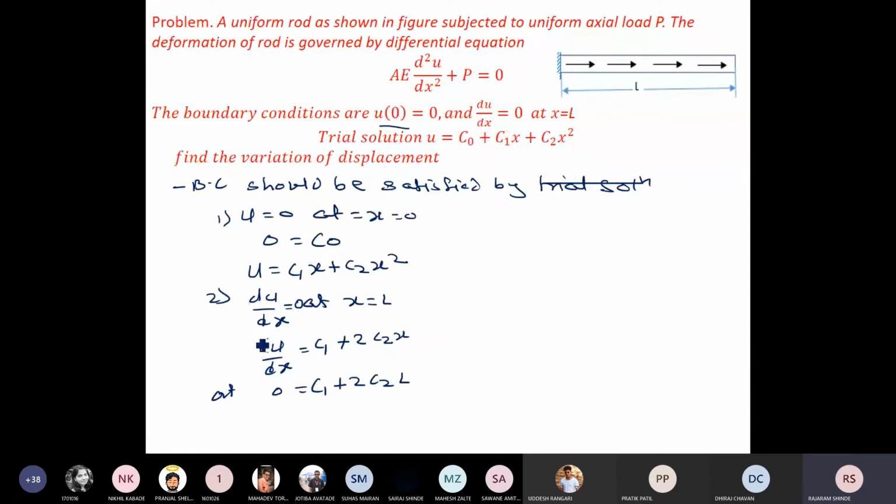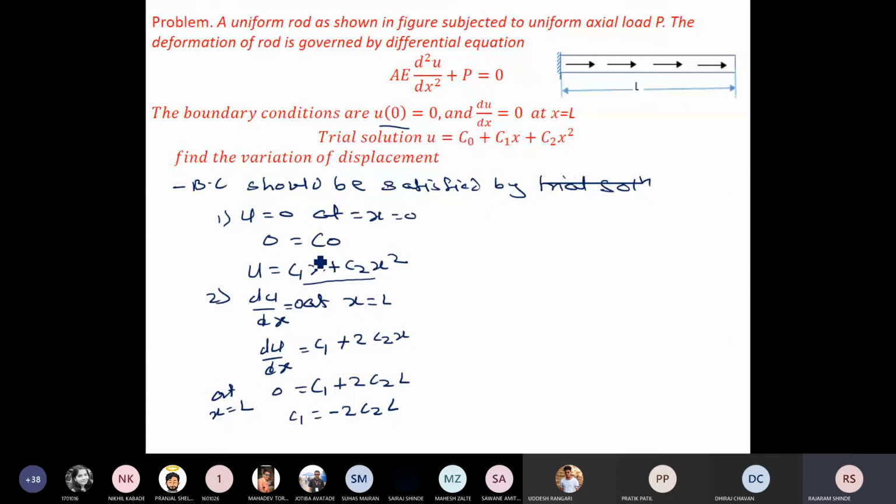Am I right? Do you agree with this? Now this becomes c1 is equal to minus 2c2L.